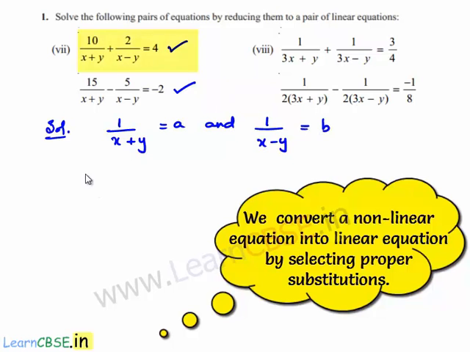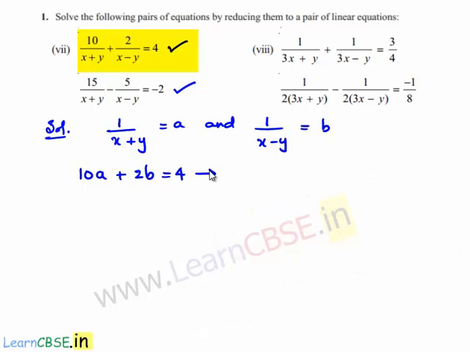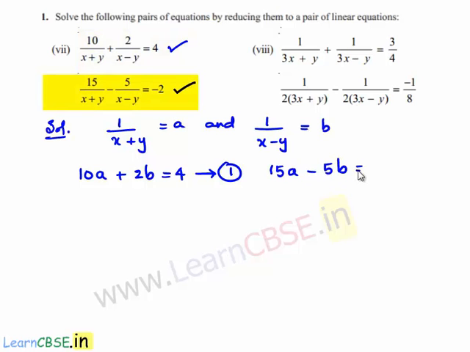So, the given equation changes as 10a plus 2b is equal to 4. This is equation number 1. And this equation changes as 15a minus 5b is equal to minus 2. This is second equation.